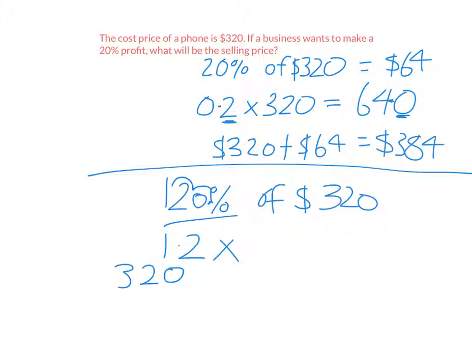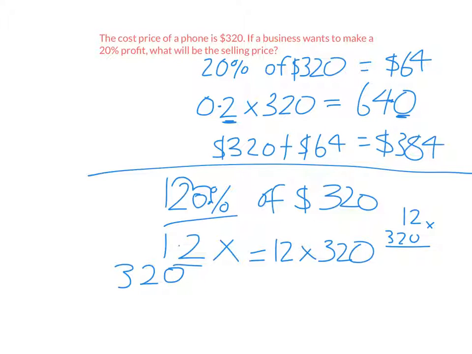So you can do this like I did the other one as 12 times 320, and because there's one number after the decimal point, then in your answer there should be one number after the decimal point. So there are heaps of ways you can do it. You might like to do it like this, like you used to, whatever. You might like to do 10 times 320 plus 2 times 320. Whatever it is up to you.